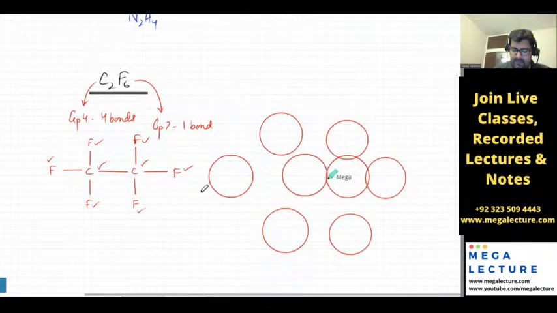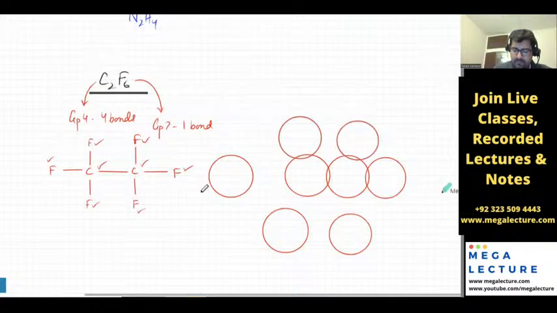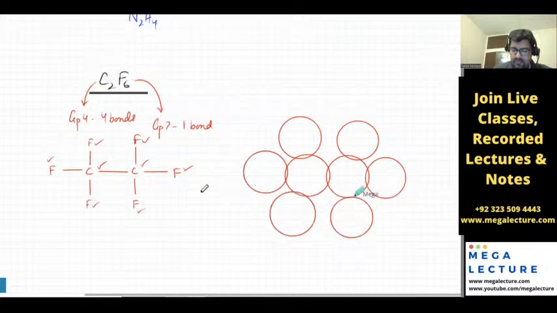As a middle में there are your 2 carbons. So 2 carbons and 6 fluorines. And they're all single bonds.